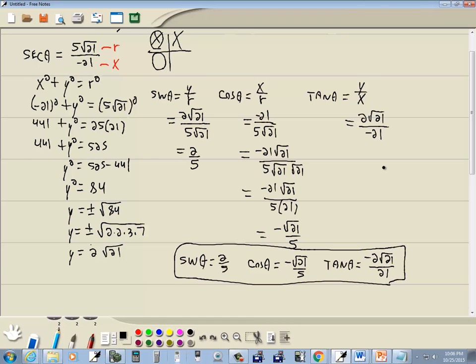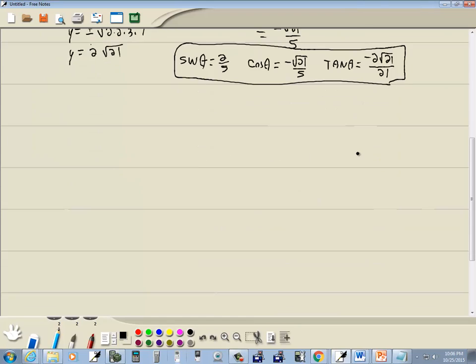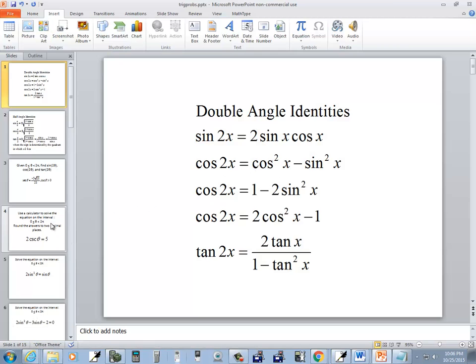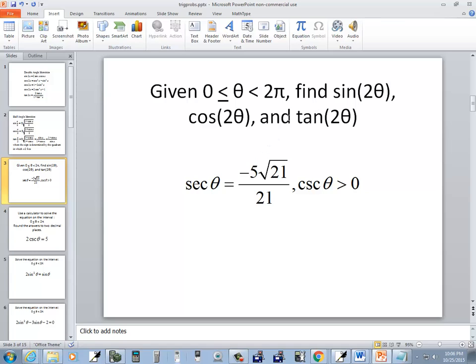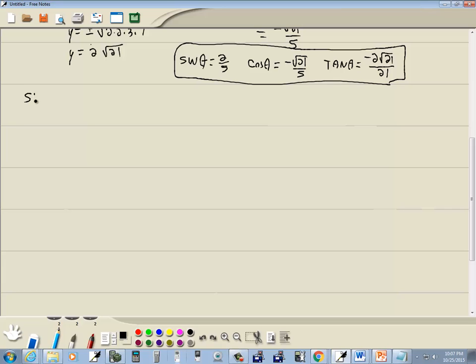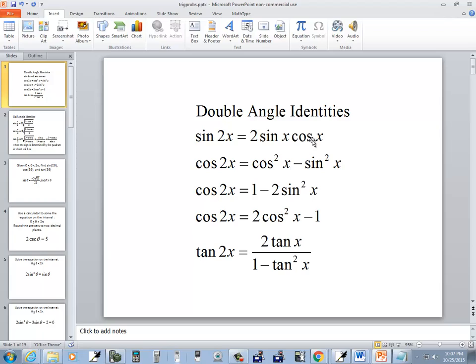Okay, now let's look at our formulas. The problem's asking us to find sine 2 theta, cosine 2 theta, and tangent 2 theta. So sine of 2 theta from our formula will be 2 sine cosine.